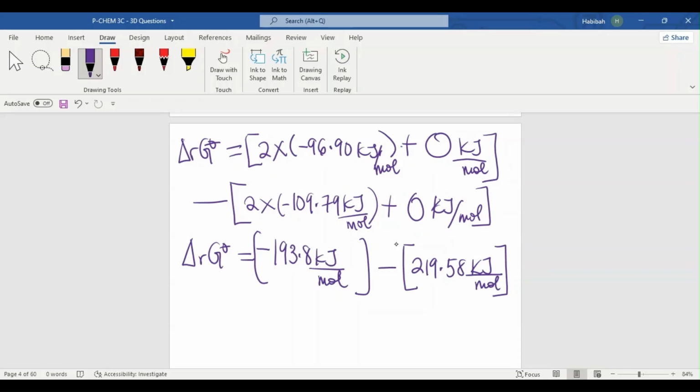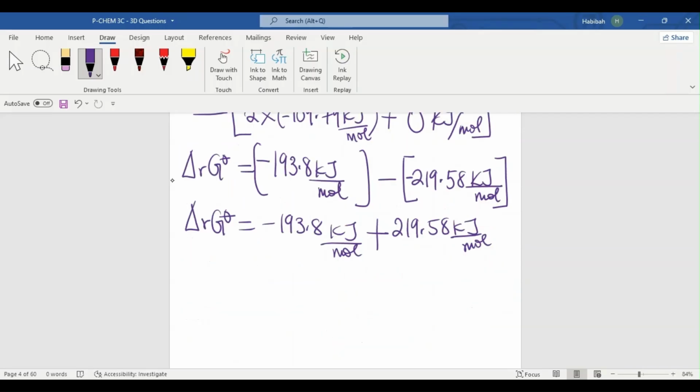So rewriting this, the Gibbs energy of reaction becomes negative 193.8 kilojoule per mole plus 219.58 kilojoule per mole. You simply put this information in the calculator to get 25.78 kilojoule per mole. And this is basically the answer to the question.